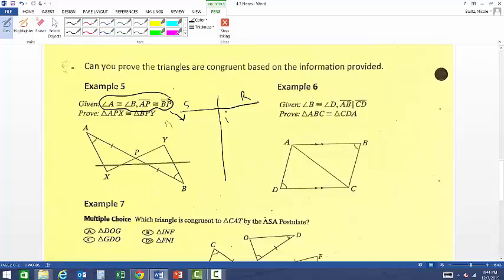First step is given. And they've already made markings in the picture for you, so that's good. Put a 1 and a 2 right here.